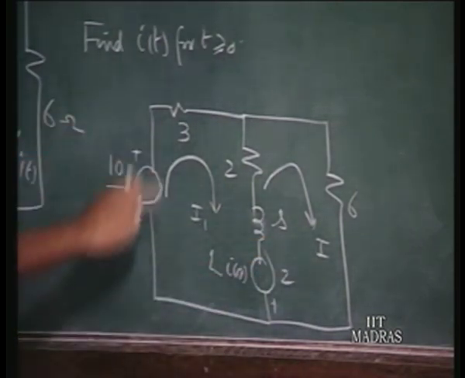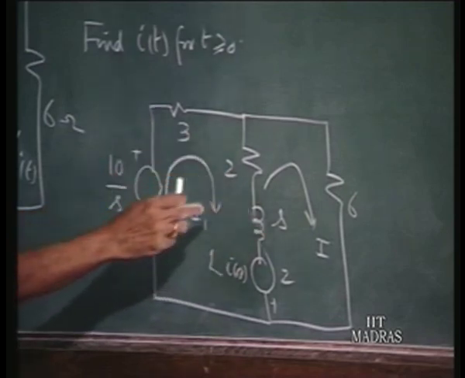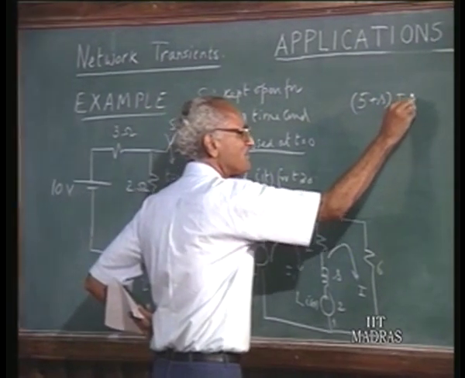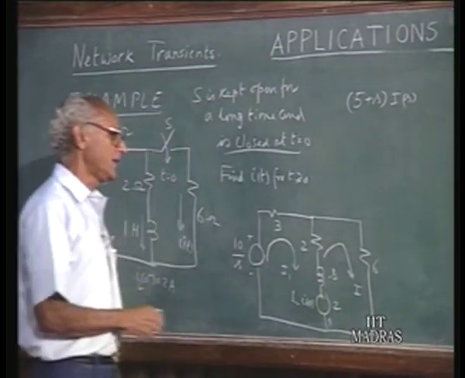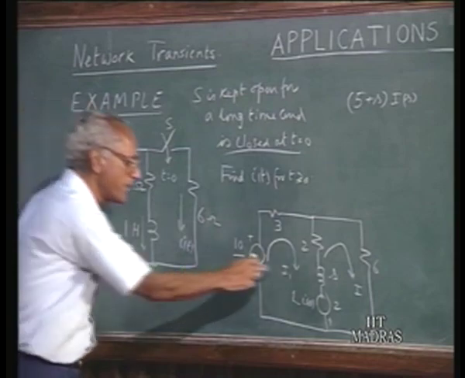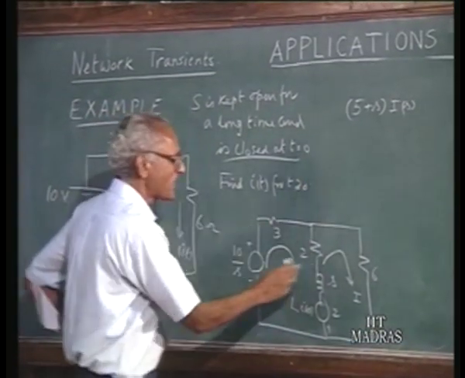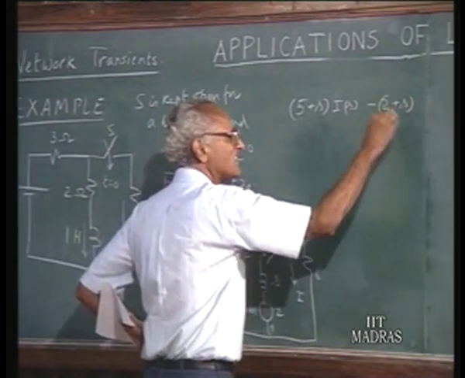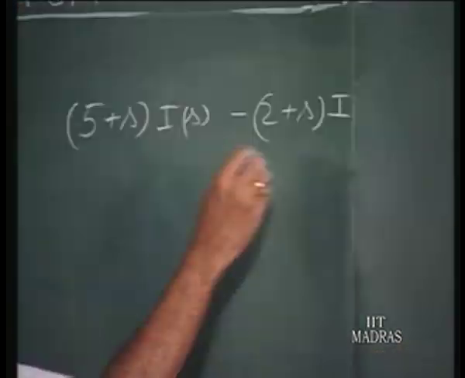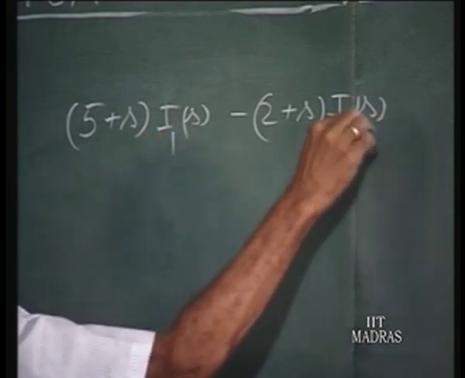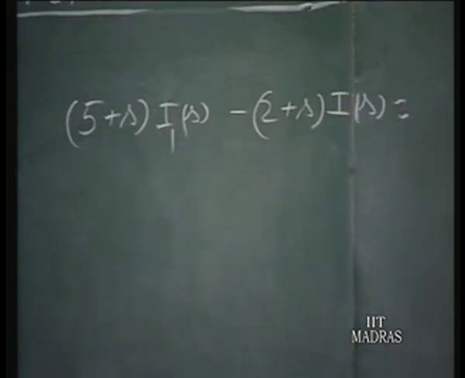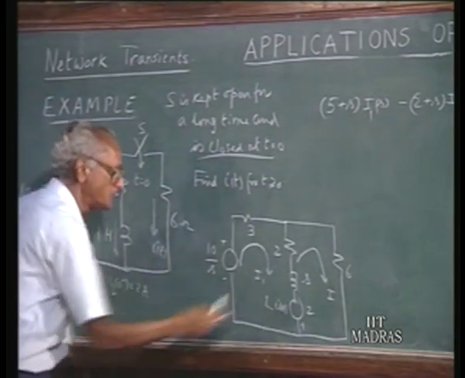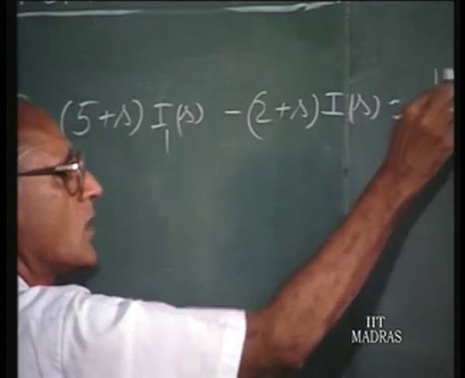In the first loop, the total impedance is 3 plus 2 plus S, 5 plus S, times I1 of S. The mutual impedance between loops 1 and 2 is 2 plus S, and the two currents are oppositely directed in this, so minus 2 plus S times I of S, equals the total driving voltage in that first loop in the direction of I1, which is 10 over S plus 2.